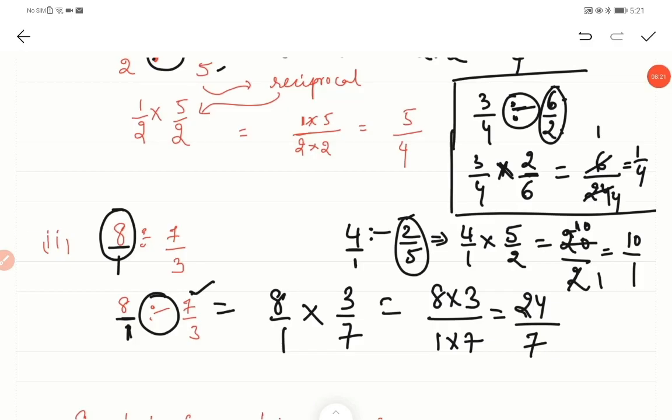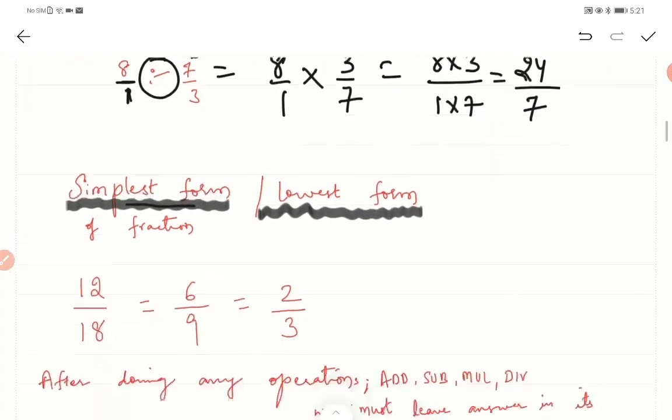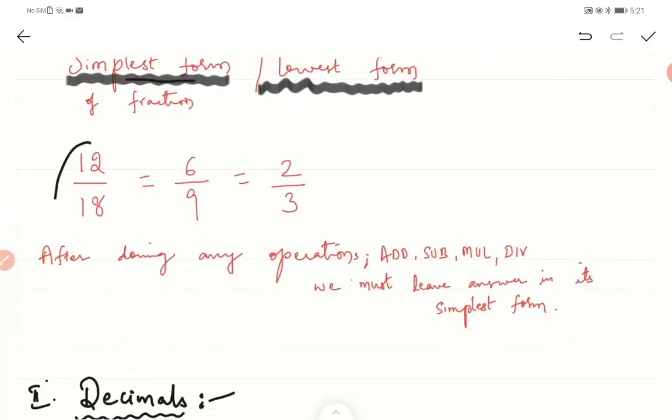Alright. Okay, so I was talking about the simplest form of fractions. So what is the simplest form? If you have any fraction, like here it is 12 by 18. So this can be cut, right? This 12 and 18 come in which table? In 2's table, isn't it? 2 sixes are 12, 2 nines are 18. So we took 6 and 9.